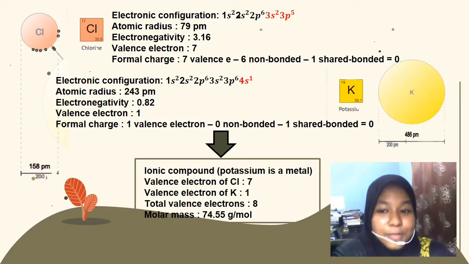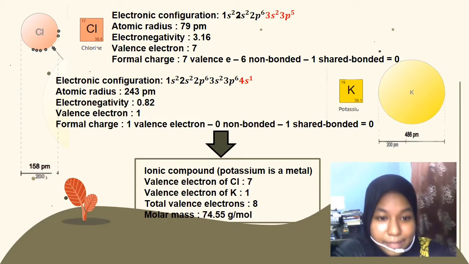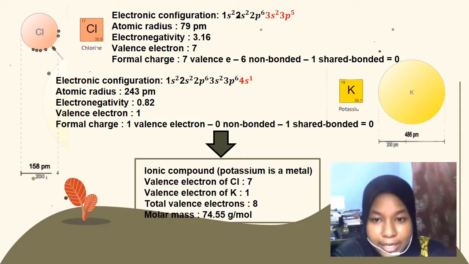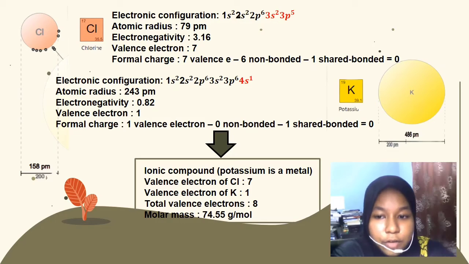Now we will discuss more about the chlorine atom and potassium atom. If we compare these two atoms, we can see that the atomic radius of potassium is larger than chlorine. It is because if we look at the electronic configuration, the attraction between the nucleus and the valence electron is weaker in potassium compared to chlorine.